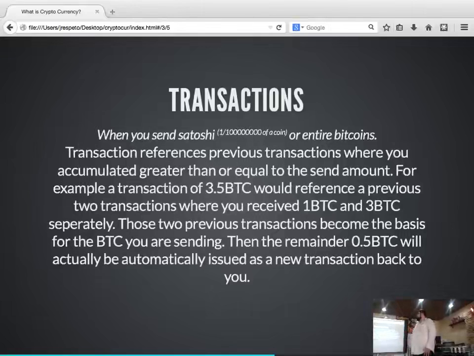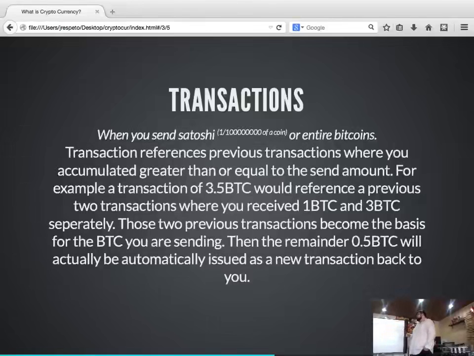Transactions. Okay, you can break down denominations of Bitcoin to the 1/100 millionth, so you don't have a problem with not having exact change with that type of scheme. Basically, anytime you have a transaction, it references previous transactions where you've accumulated greater than or equal to the amount that you expect to send.